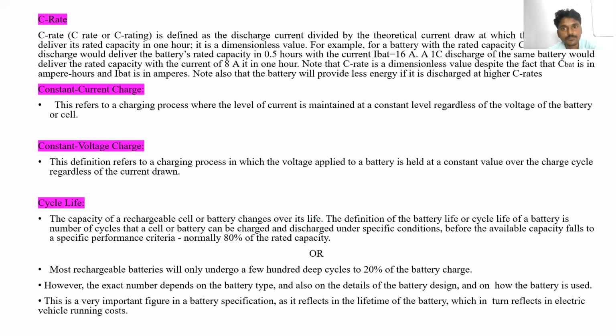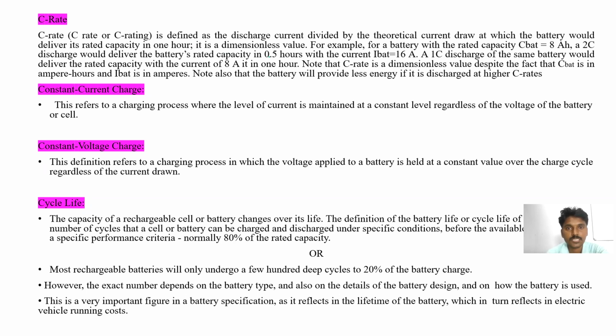Next, C rate. What is meant by C rate? C rate is defined as the discharge current divided by the theoretical current draw at which the battery would deliver its rated capacity in 1 hour.